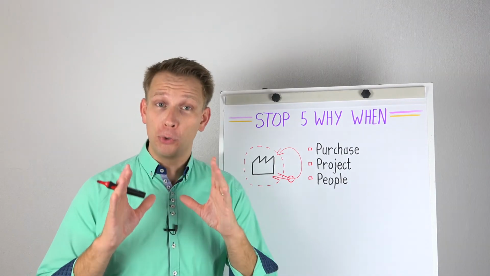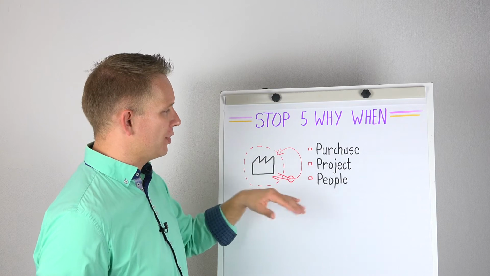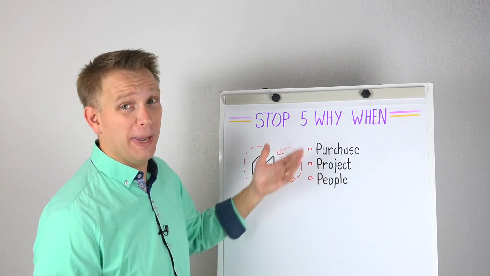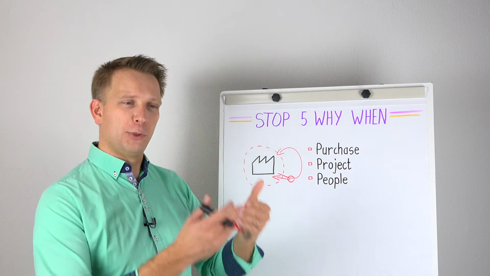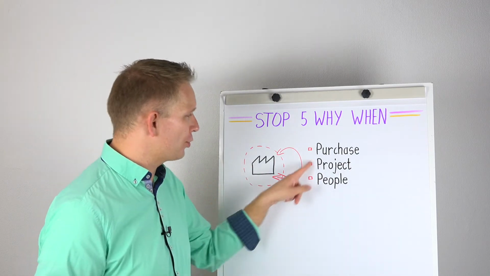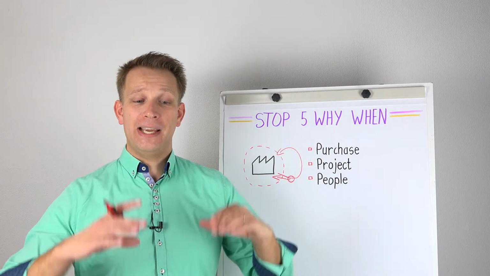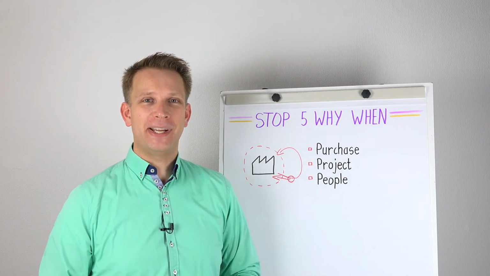Now, if you follow those guidelines, so as soon as it comes to a purchase project, bad project, or bad people, you pull back a step and say, and how can this be fixed? You also go on and circle back into your circle of influence and say, how do we manage that it doesn't happen again?